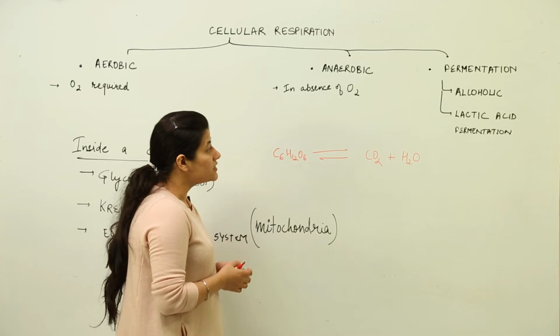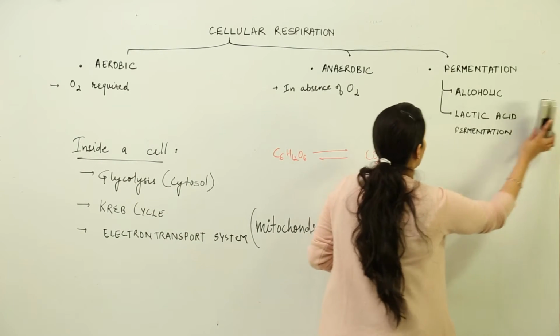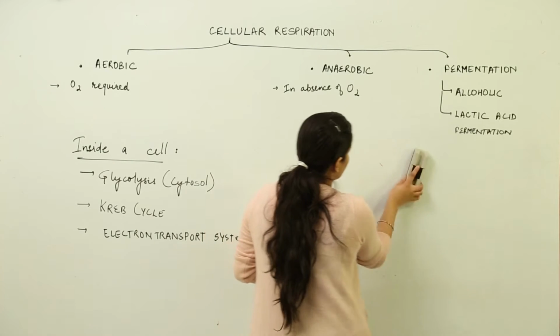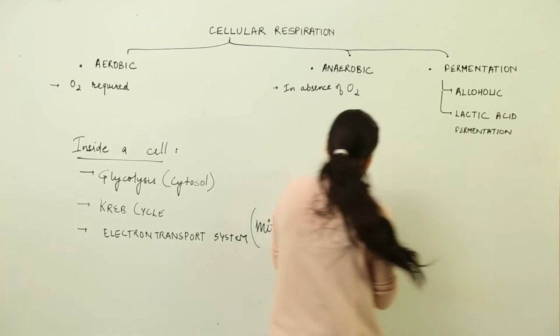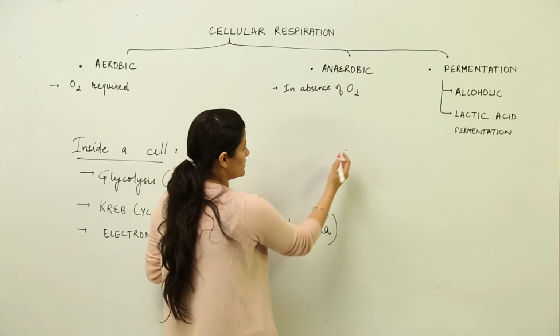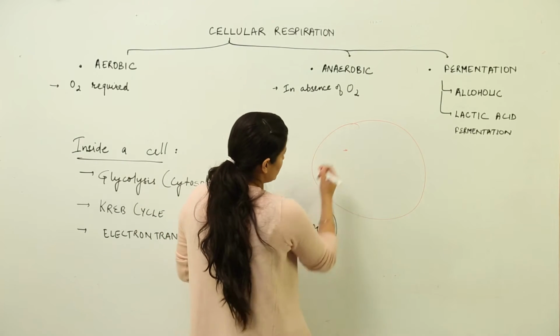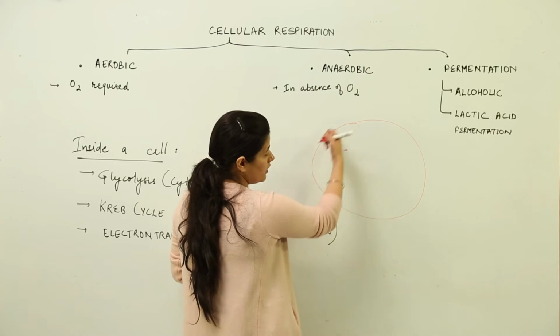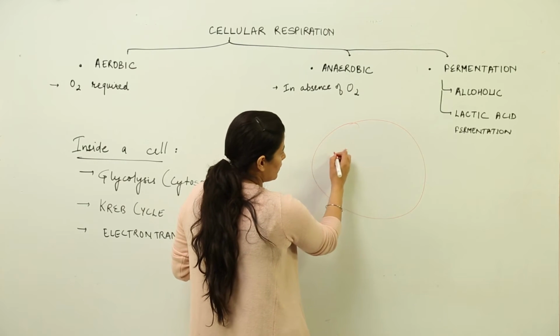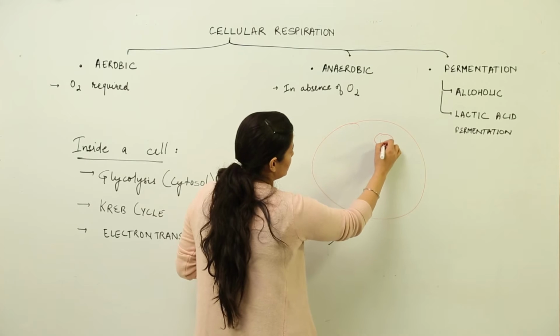Now we are inside a cell because we are talking about cellular respiration. A cell comprises basically a cytosol, which is separated from the medium by the membrane. Inside there are organelles. Supposedly this is the nucleus.